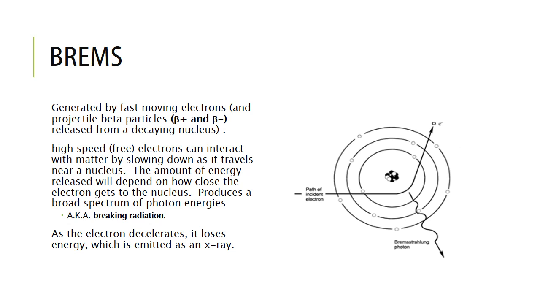So if I asked you about beta emissions and the photon energies, and why there's a broad spectrum of energies versus discrete energies, it would be from this breaking radiation, because the energy released depends on how close it gets to the nucleus and how many protons are in that nucleus also.